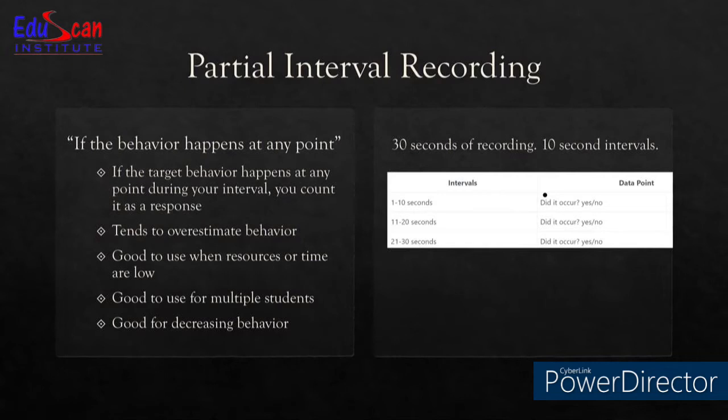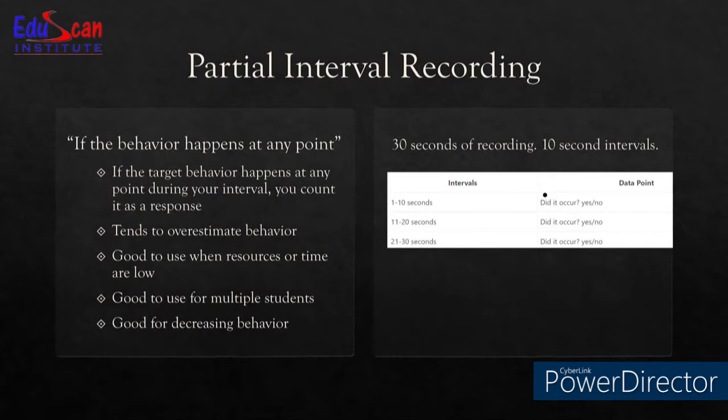Say, for example, you're trying to record something for 30 seconds and we split it into 3 intervals of 10 seconds. When we talk about partial interval recording, if the behavior occurs even once, we count it as having occurred for that interval.